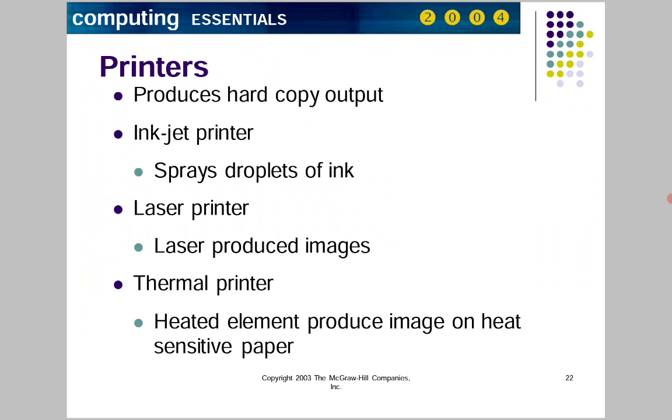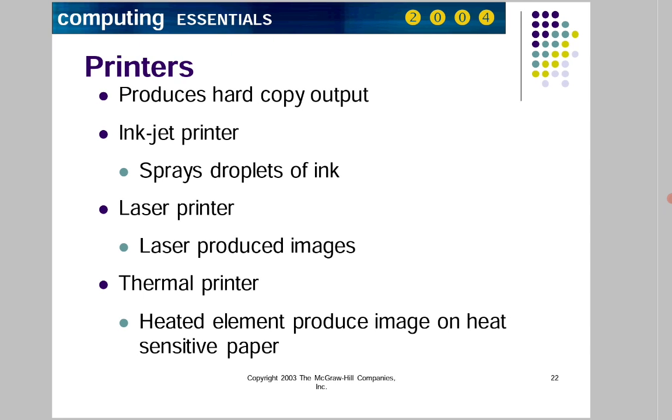An inkjet printer is a costly printer with low speed and high quality. A laser printer is a very high speed printer with high cost and high quality. Thermal printers are generally used to print pictures or graphics on large areas.